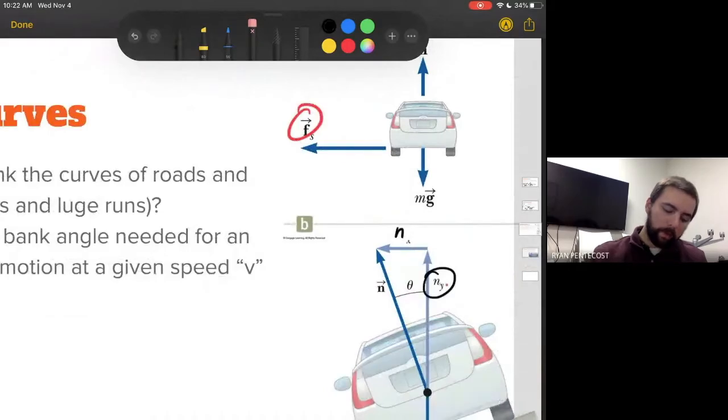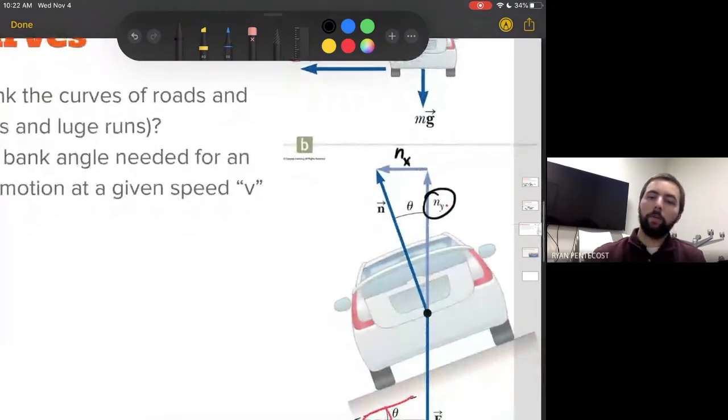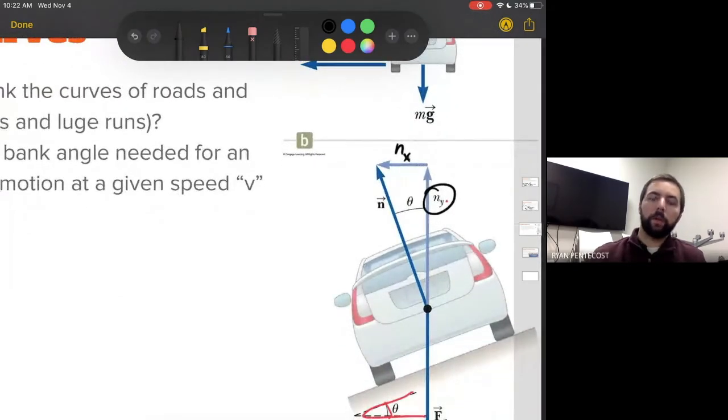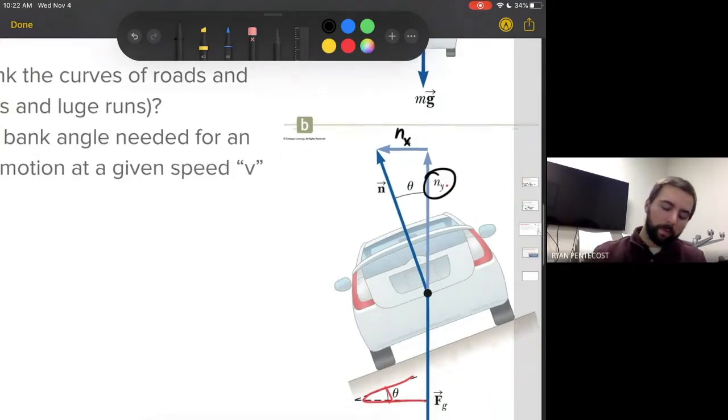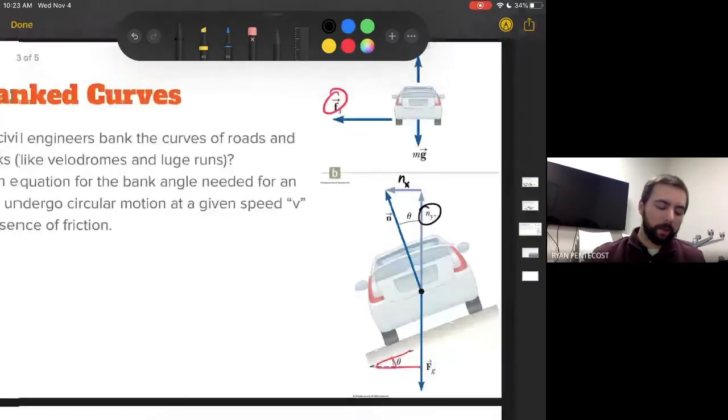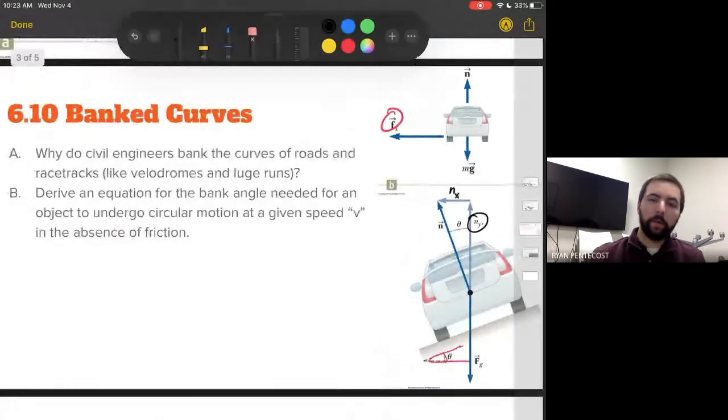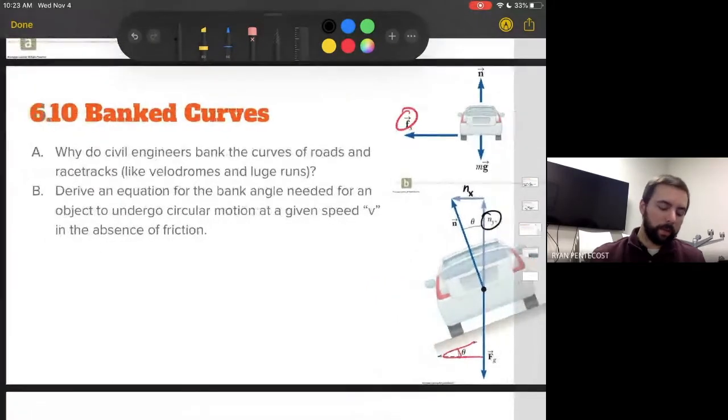That is going to actually cause the normal force to help you make your turn, and you don't have to use as much of that static friction in your tires, so you don't actually have to turn the wheel as much. So here we just have normal force causing that turn. So that's why we bank roads. Very common in highways to bank roads to make a turn easier for the driver.